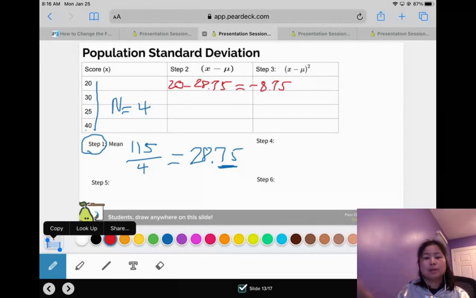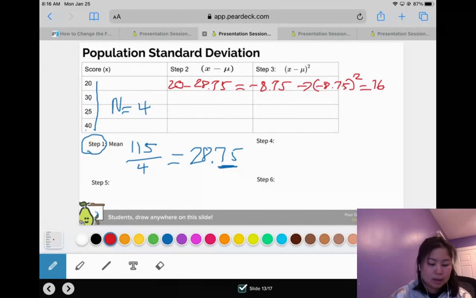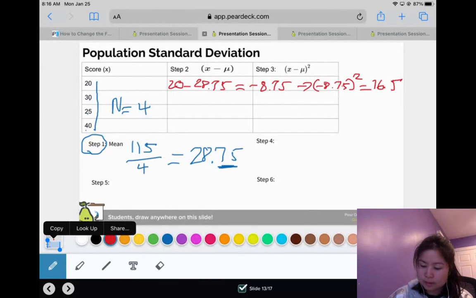Then I would do step 3 right away, because in step 3 you square those values. When you square, put it in parentheses on your calculator. So you should not have a negative number for the third column. So I have 76.56, with 2 decimal places.